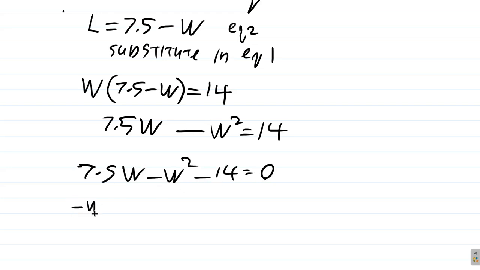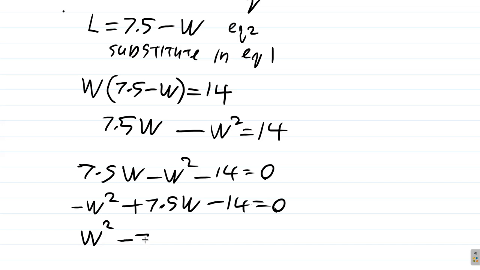So this is negative W squared plus 7.5W minus 14 equals 0. Let us multiply both sides by negative 1 so that we have positive W squared. So we have W squared minus 7.5W plus 14 equals 0. Alright. So there we have that.